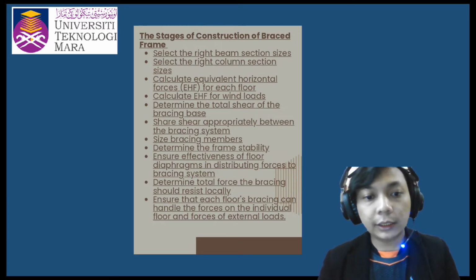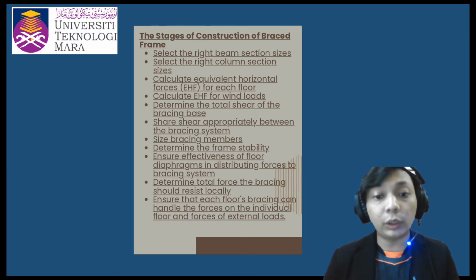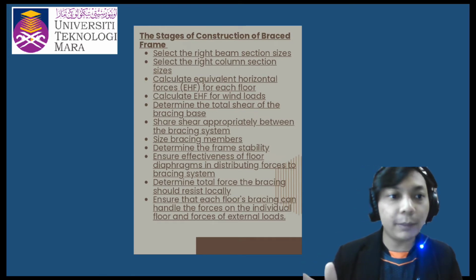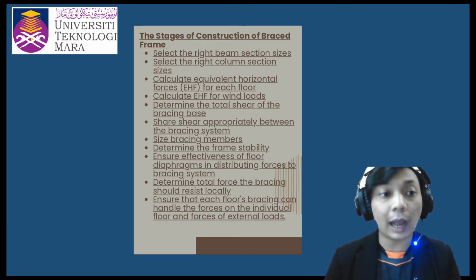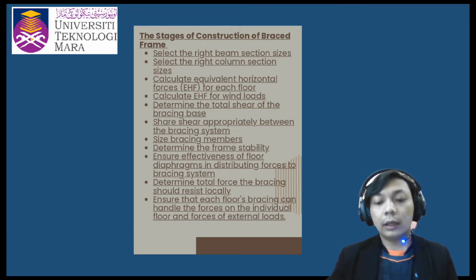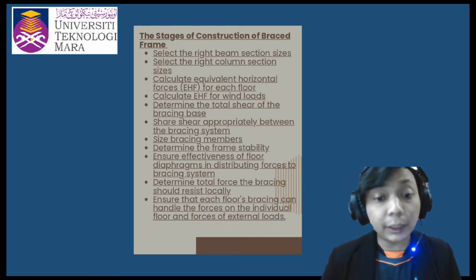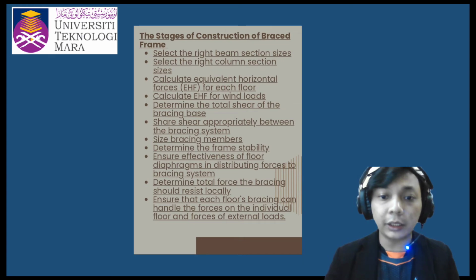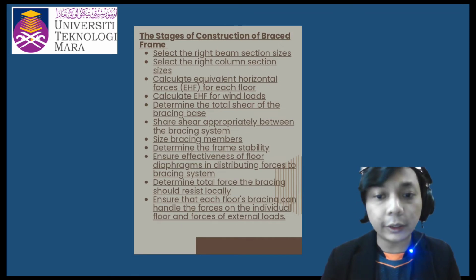Next, share the shear appropriately between the bracing systems. Next, ensure the size of the bracing members is suitable for the building. In addition, determine the frame stability, a combination of EHF and wind load and vertical loads. Ensure the effectiveness of the floor diaphragm in distributing force to the bracing system.